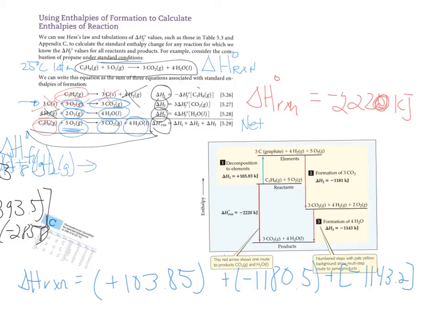If we think about the decomposition of propane, the water is really just going straight there. It's not being changed. That was taken care of by this step. Then we thought about the formation of 3 CO2s, which was the second equation here. 3 carbons plus 3 oxygens make 3 CO2s.